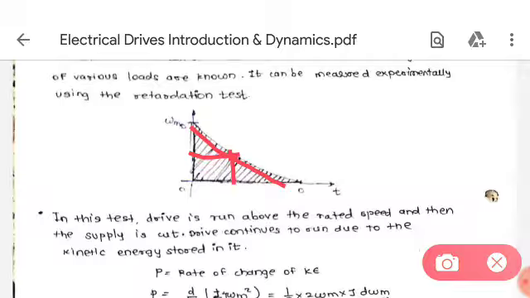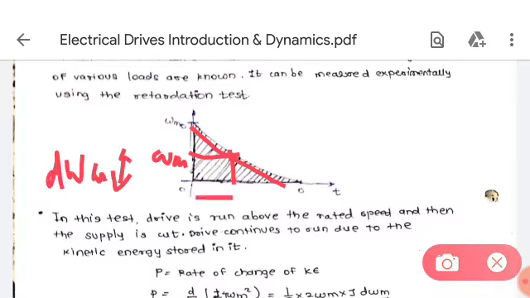So this point, so here you will get omega m, and this distance is d omega m, and this distance is dt.